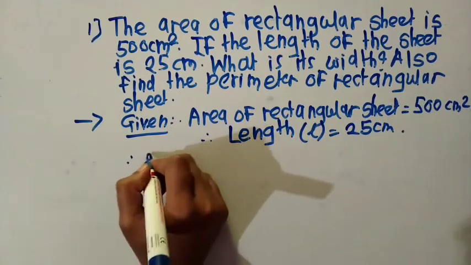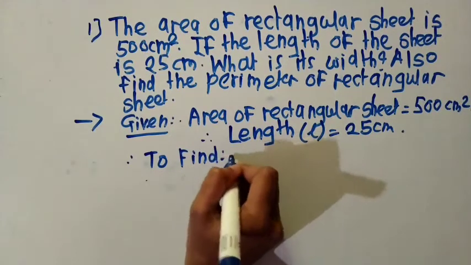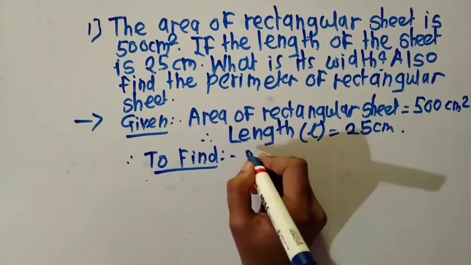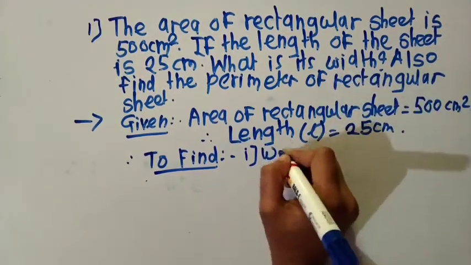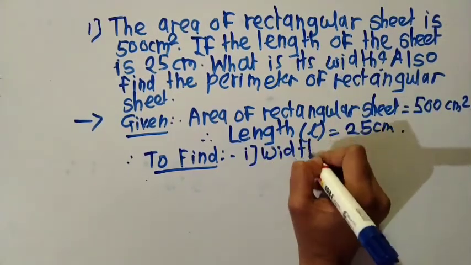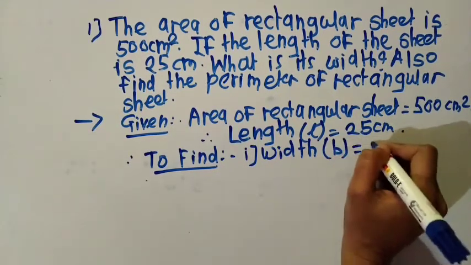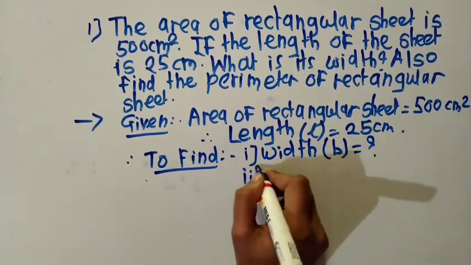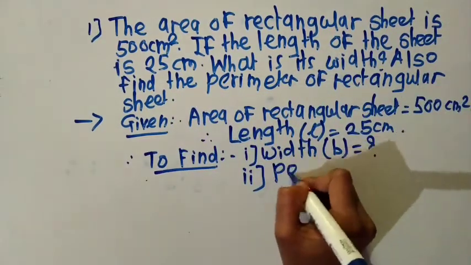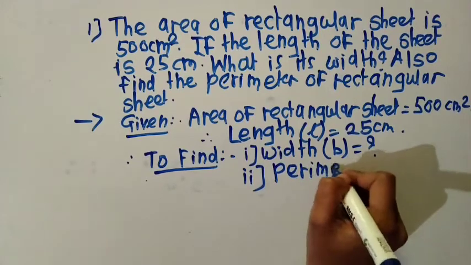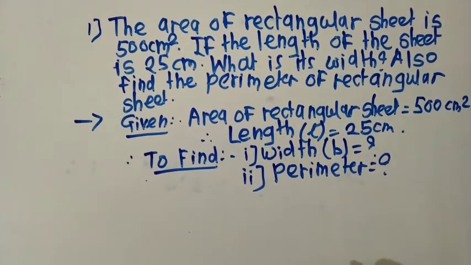Then to find: first is width, width means its breadth B, and second, also find the perimeter of rectangle. How to find this?